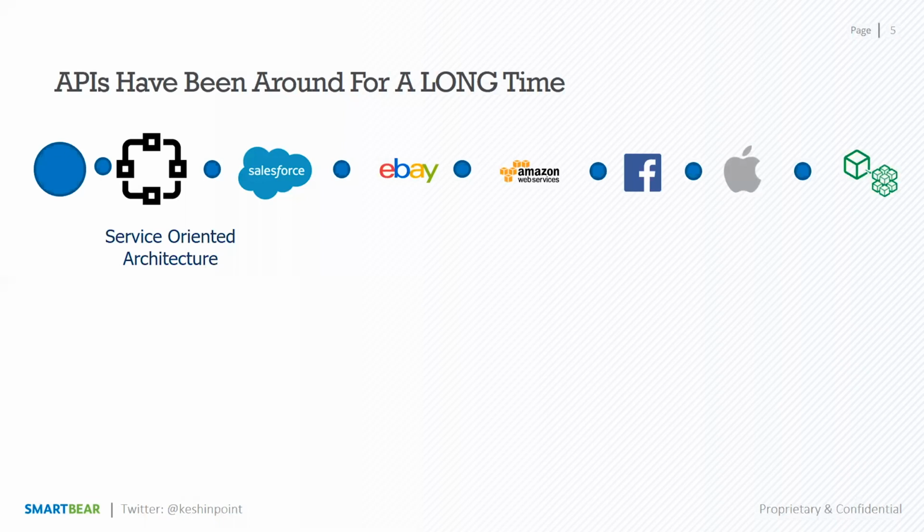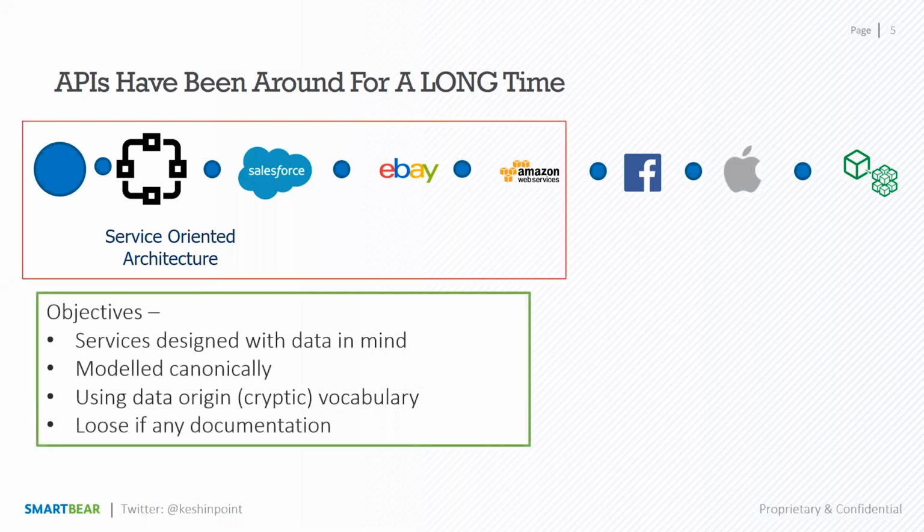And now we're seeing how APIs actually transform businesses as well using microservices. And so what we're seeing here is an interesting trend. In the past, when you built APIs, you built them for a specific problem, which was, I want to connect different applications together. I want to get these two applications to talk to each other, meaning they were not built for human beings. They were built with data in mind. They were modeled canonically, and essentially they were built so that data can be transferred easily from one application to the next.